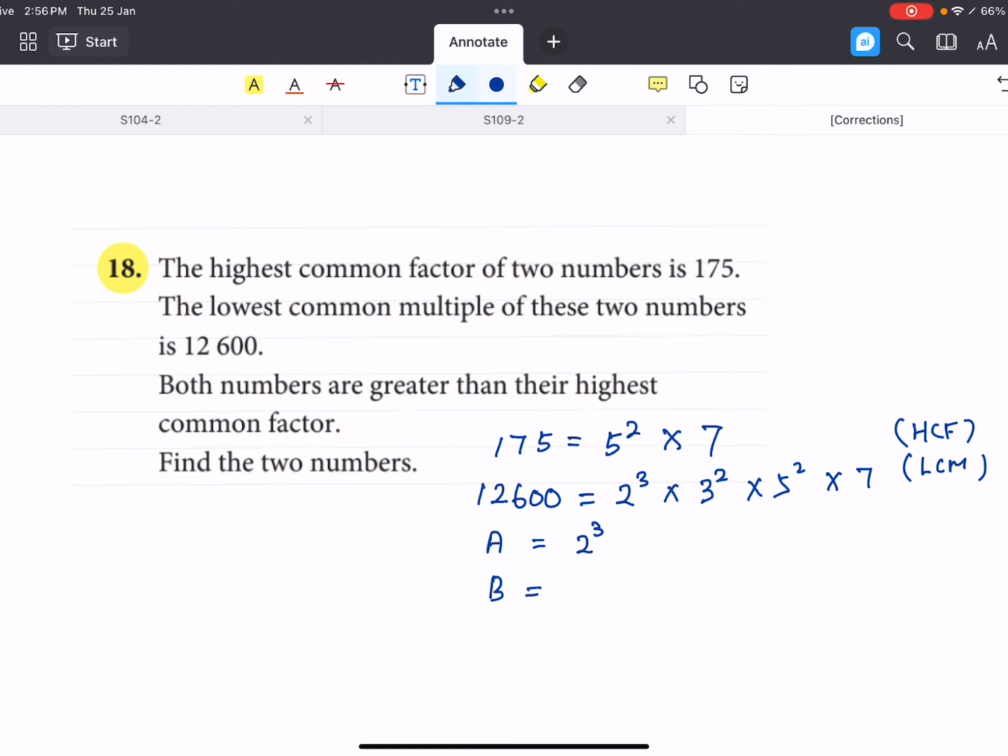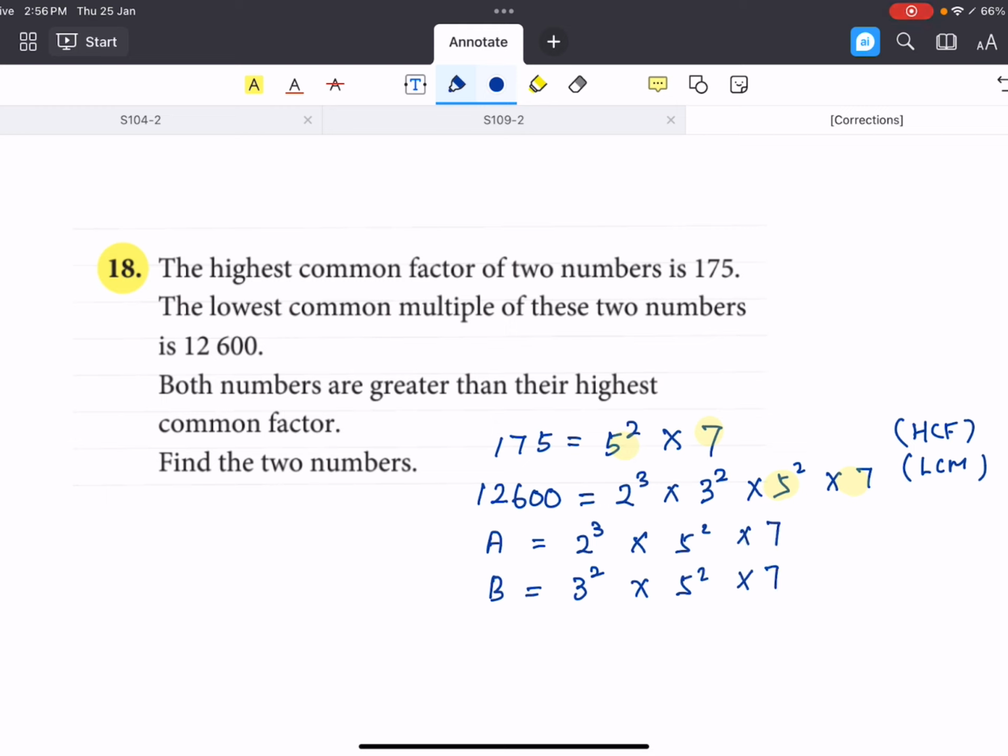Okay. Then we look at 3 to the power 2. We need 3 to the power 2 somewhere, right? So we can put 3 to the power 2 here. Now 5 to the power 2 is common, as well as 7, right? So both of them will have 5 to the power 2, and both of these numbers will have 7.